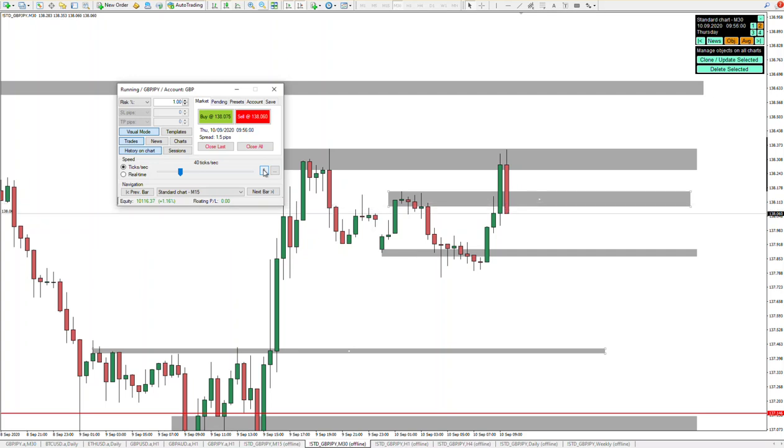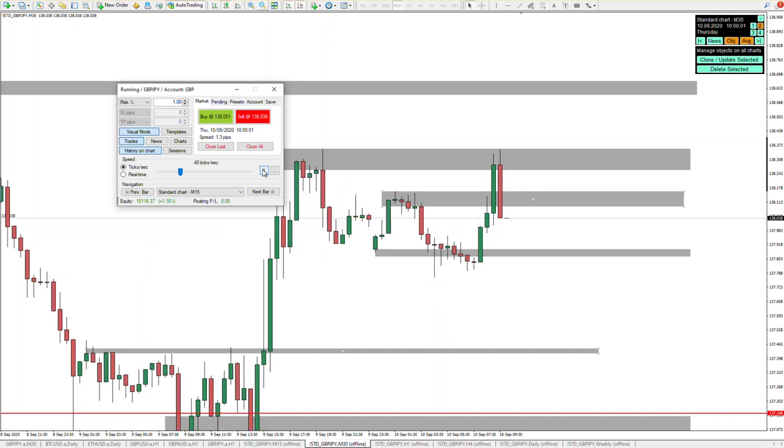Wow, that's a rejection. Okay, the hourly closed. This is a huge rejection. The candle closed without the wick below. Therefore, we can't take an impulsive sell.